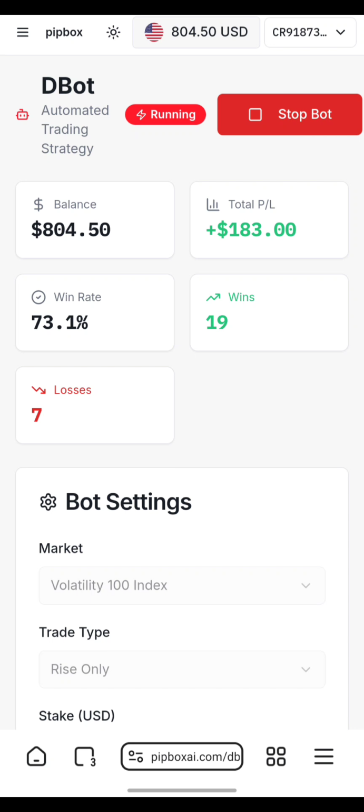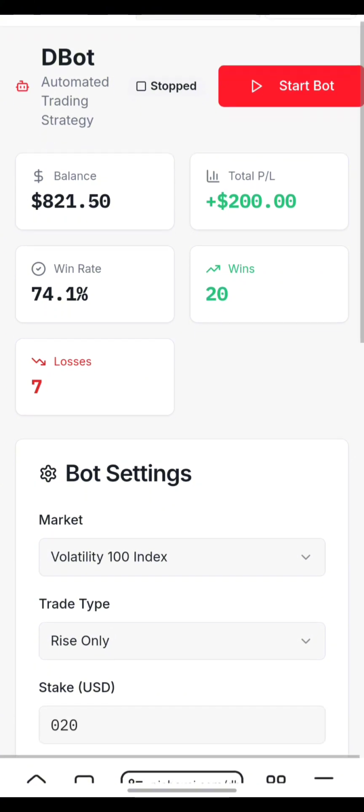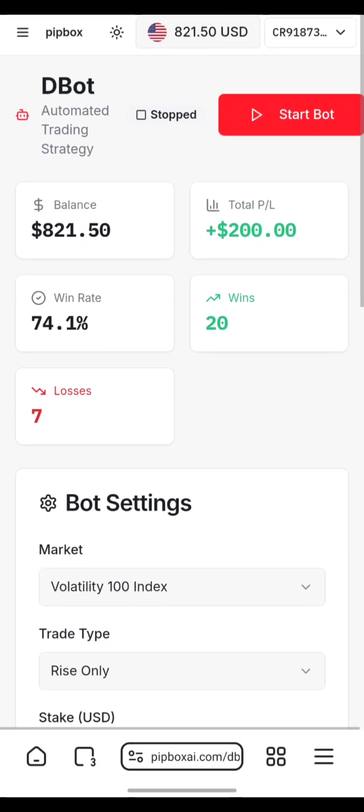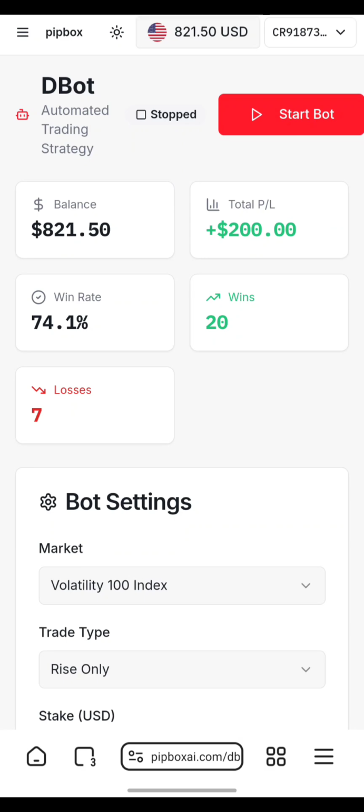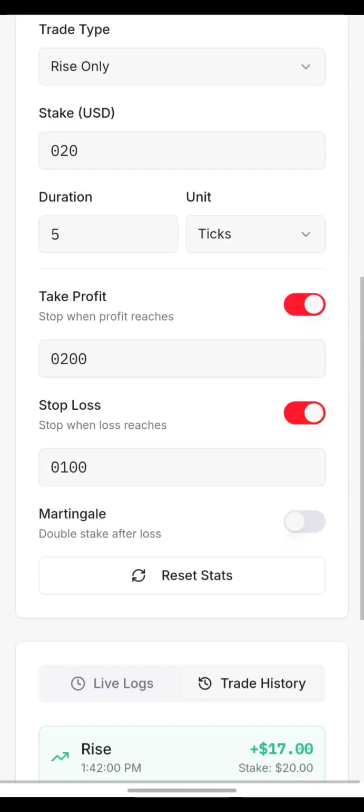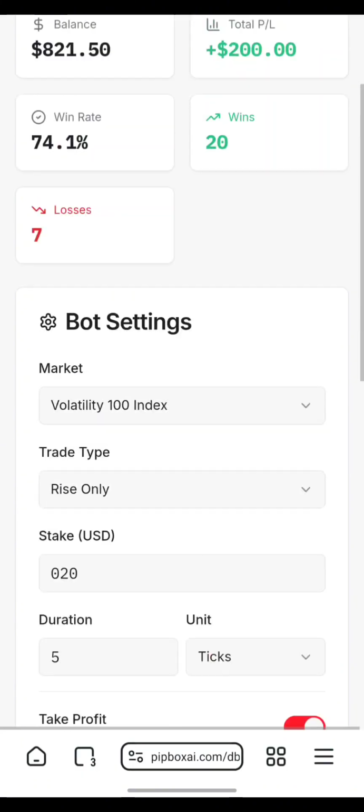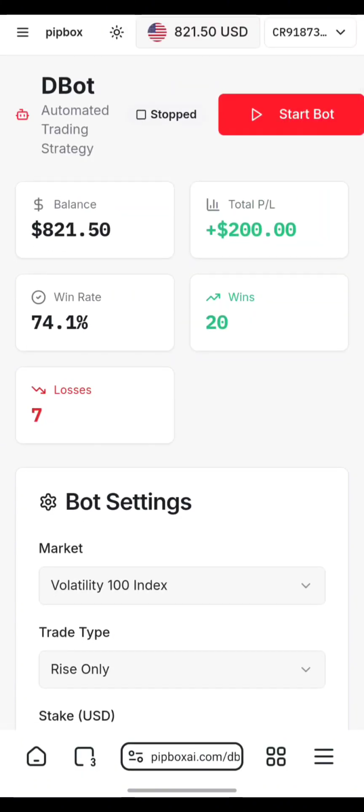I've been telling you every day, this is what I do every morning, every other day. Look at that, we just hit 200 USD. That means we have hit our TP, and we are up and up now, okay?